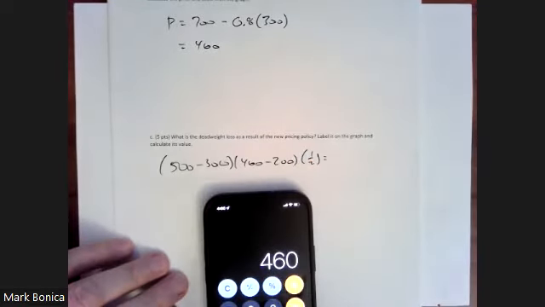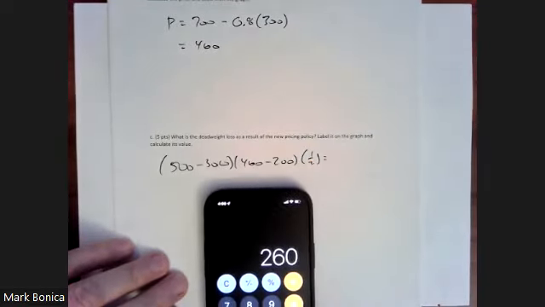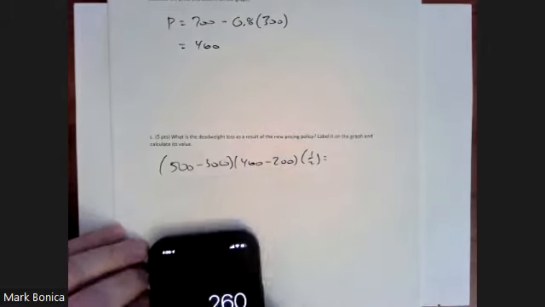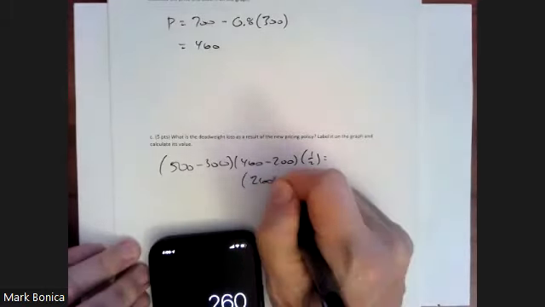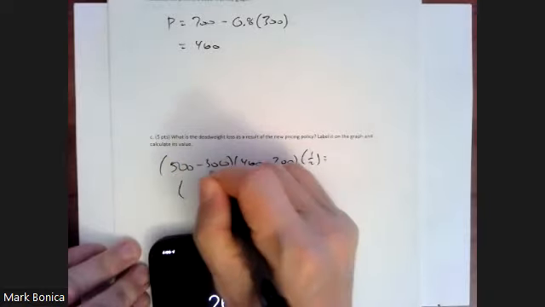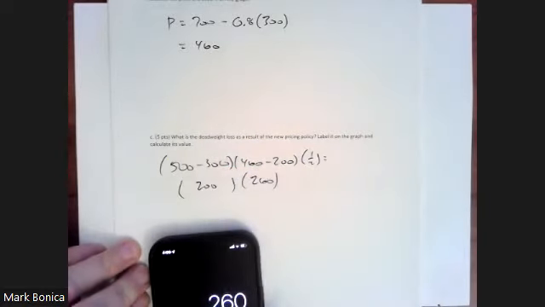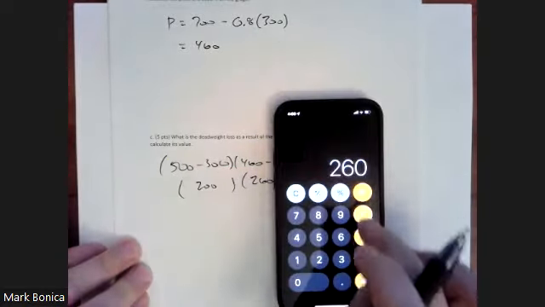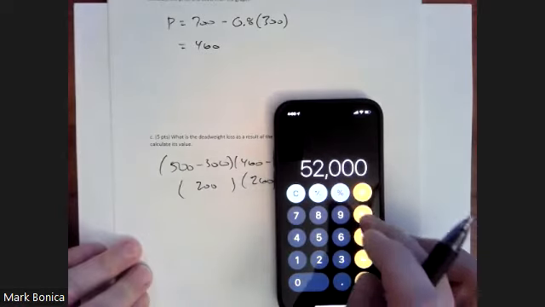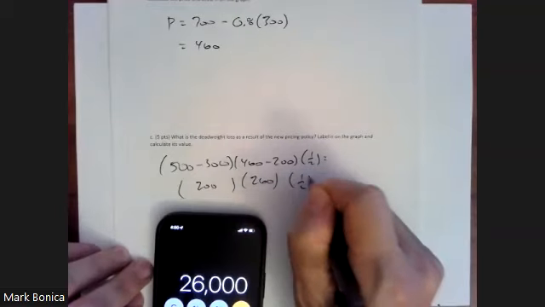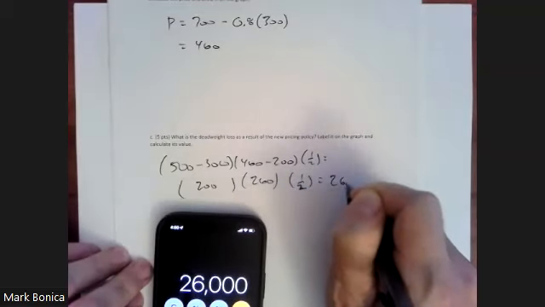So 460 minus 200 is 260, times 500 minus 300 is 200. So 200 times 260 times 0.5 gives me 26,000. So a lot of waste.